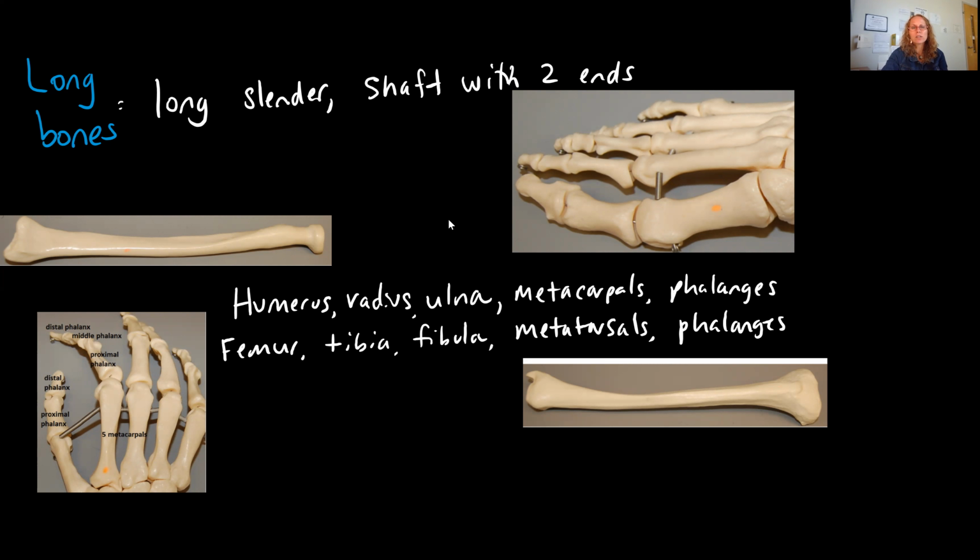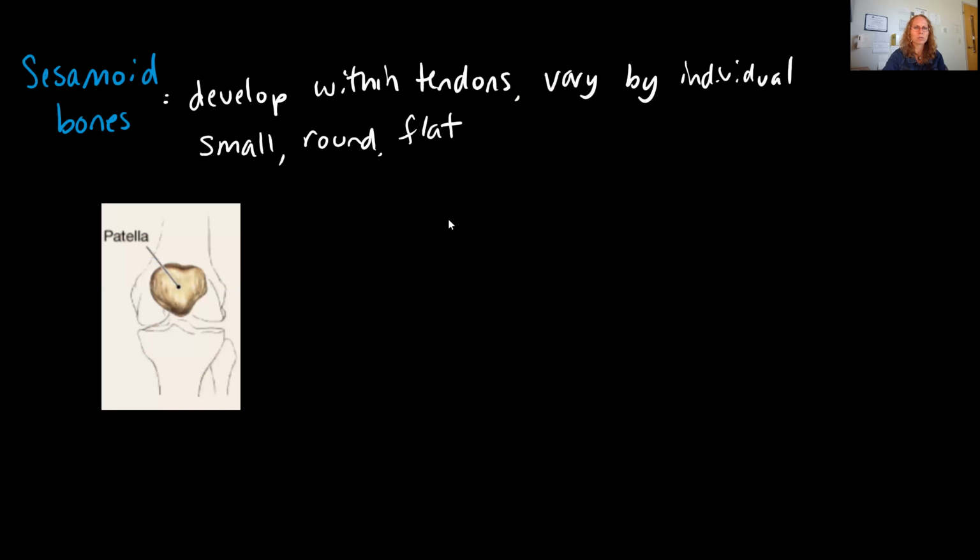So obviously phalanges are pretty short bones, but they're not classified as short bones because they're not boxy in shape. They're classified as long bones because they are still long and slender, and they still have a shaft with 2 ends. It's just abbreviated, if you want to think about it in those terms.